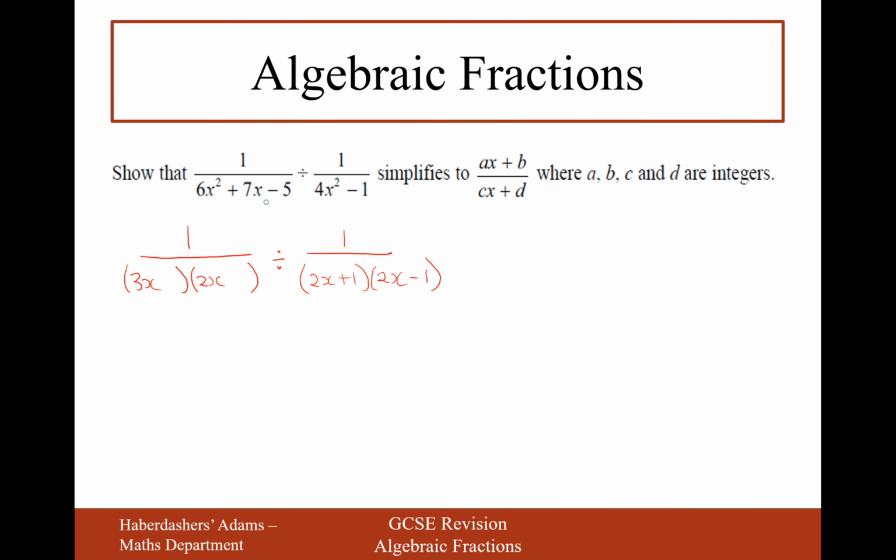So that's going to make it a 5, so we might want to put the plus 5 over here and the minus 1 over here, because then I'll make it 10x minus 3x, I'll make it 7x. Lovely. So now that we've factorized, we're going to times and flip the second fraction.